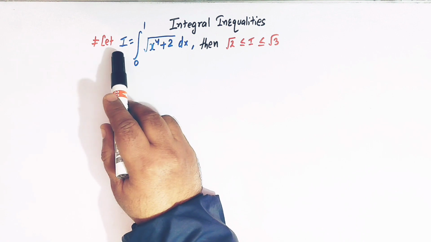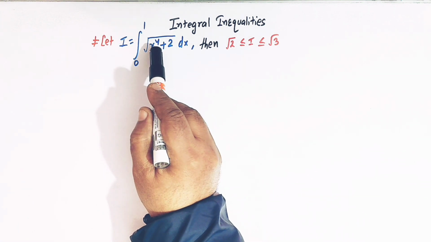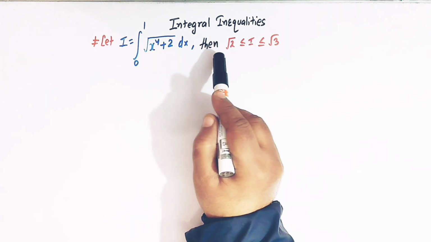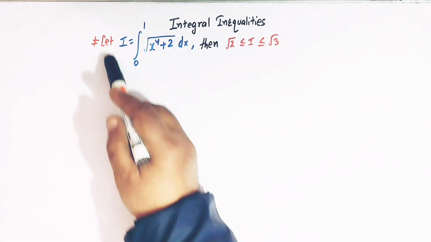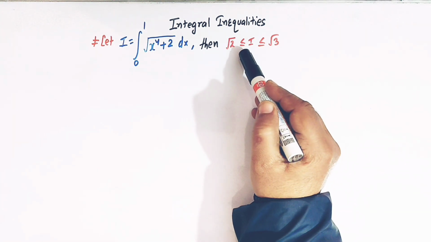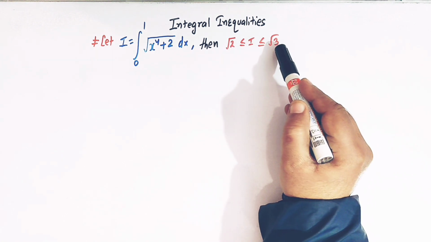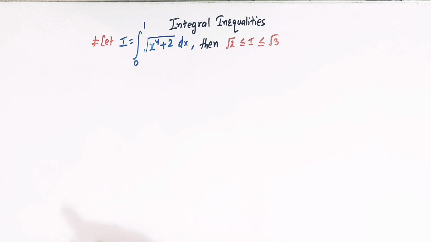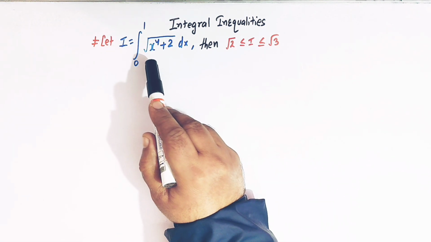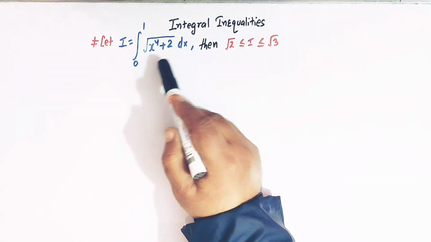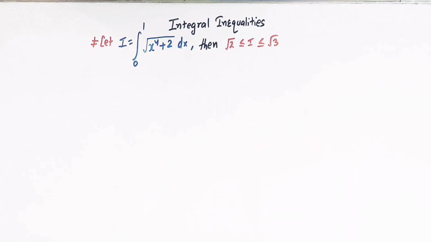We are given an integral I from 0 to 1 of square root of x raised to 4 plus 2, and we have to prove that the value of this integral I is greater than or equal to square root of 2 but less than or equal to square root of 3. So without actually evaluating this integral, we have to estimate the value of this integral I between these two numbers.